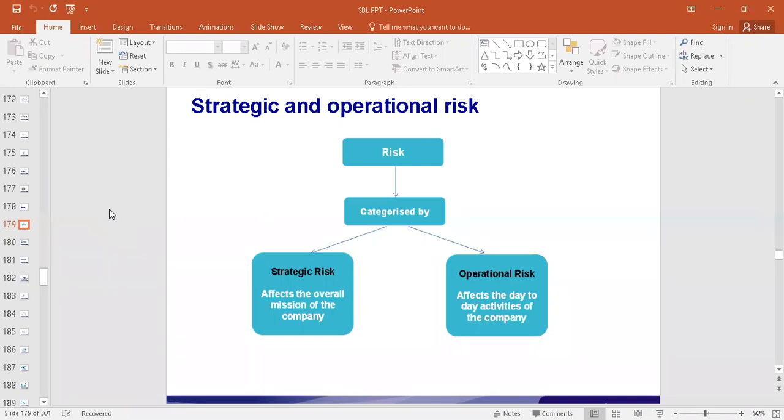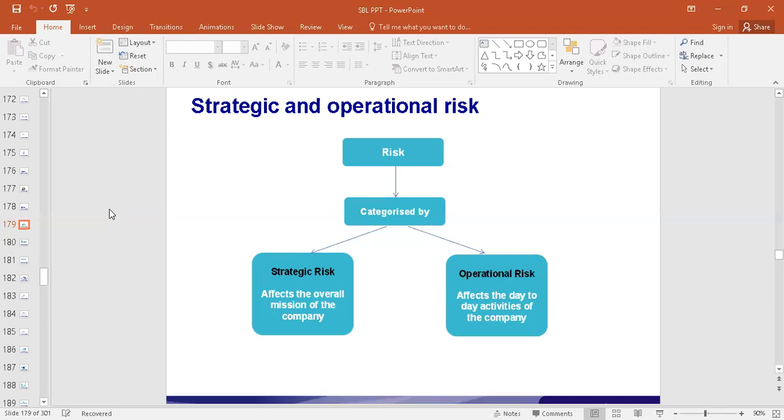If there is a possibility of that plan not doing well, that will be failure of the plan, not making it possible for the mission to be achieved. That is called strategic risk. The risk that the strategy of the organization will fail, not allowing the mission or the objectives of the organization to be achieved, can be referred to as strategic risk.